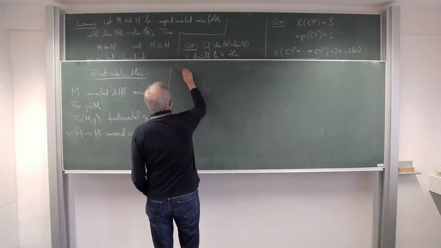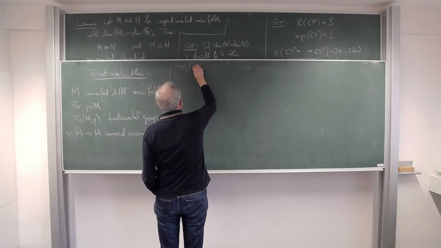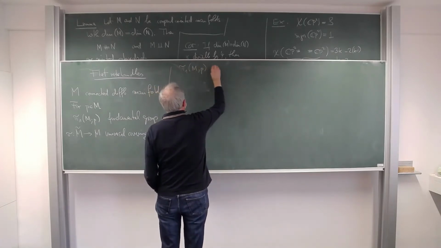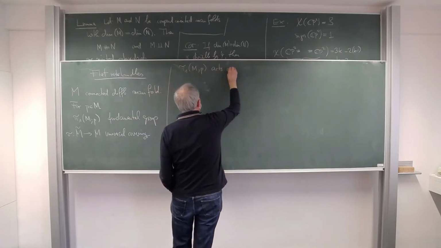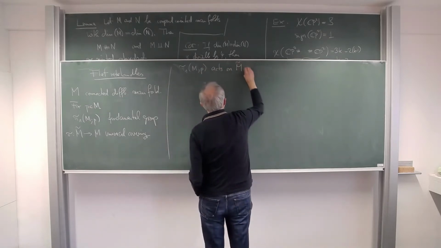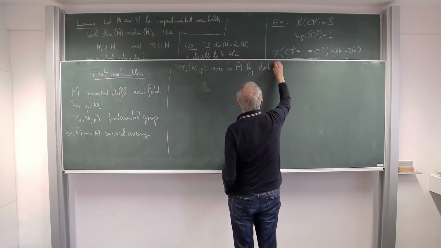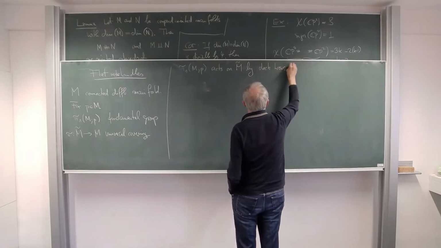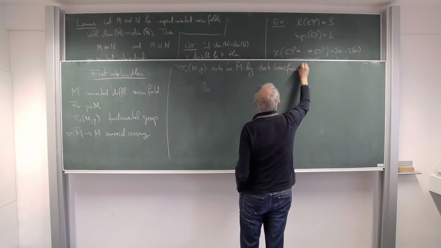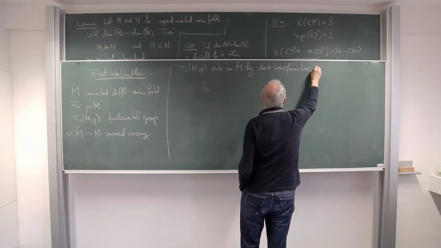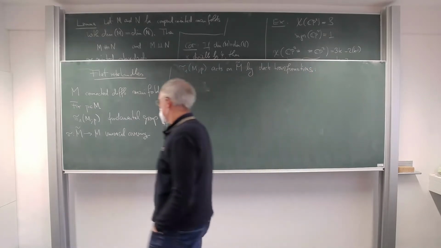So let's see, pi_1 of M acts on M tilde by what's called deck transformations. How does that work?